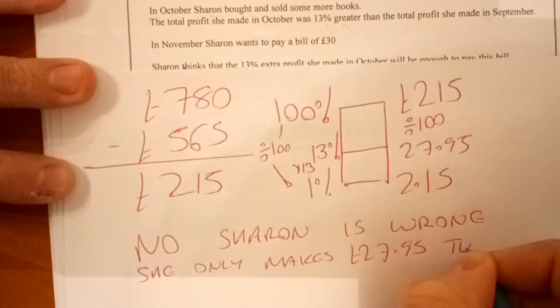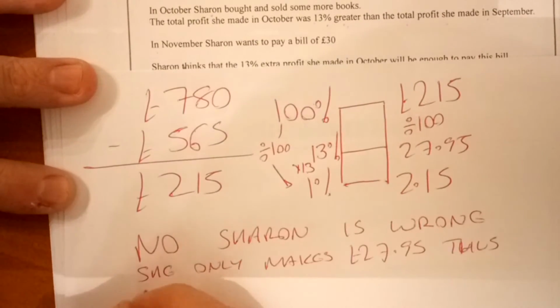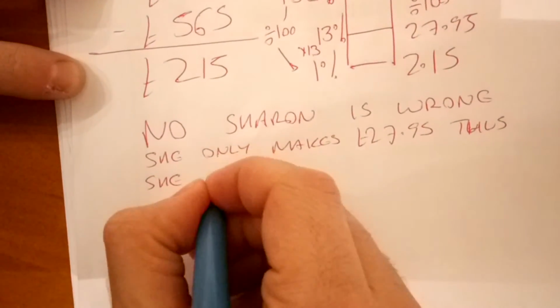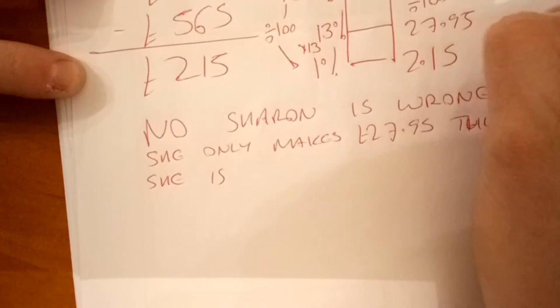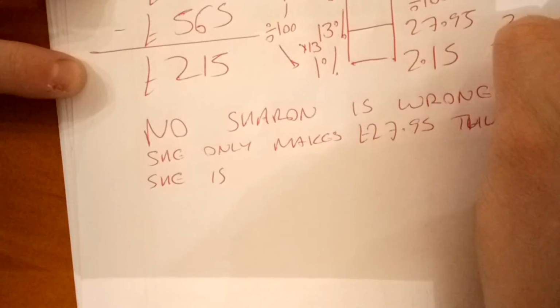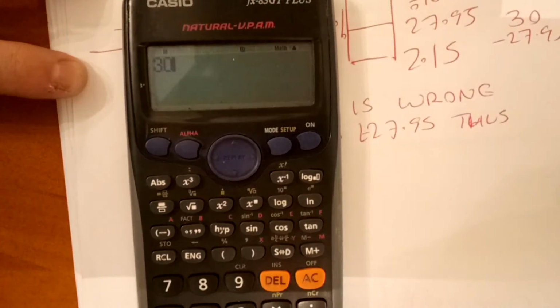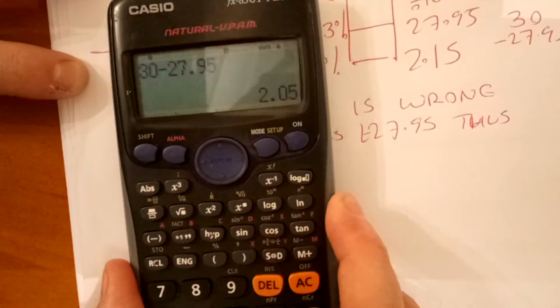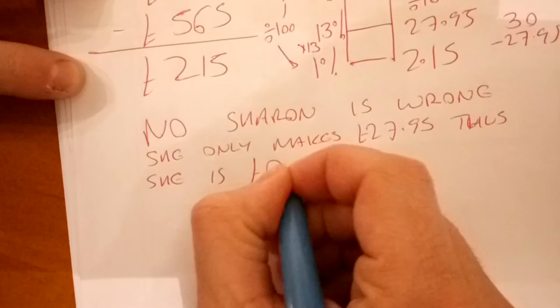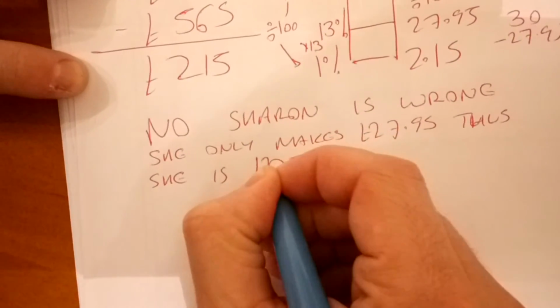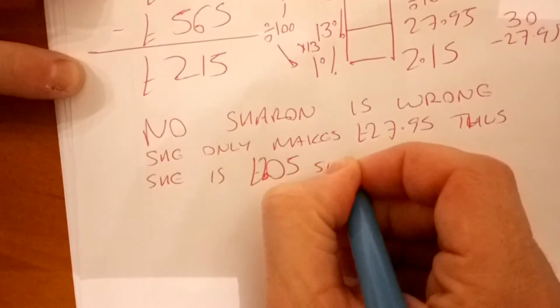If you want to show off, you can say thus she is, and let's just do 30 minus 27.95. Do a calculator. 30 minus 27.95, which equals £2.5 short.